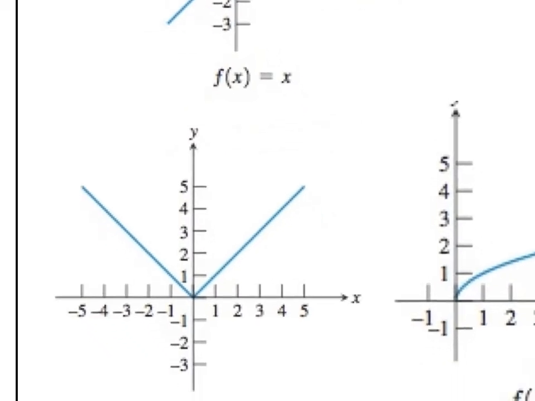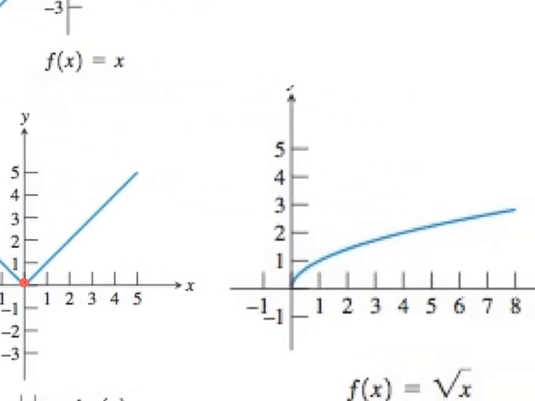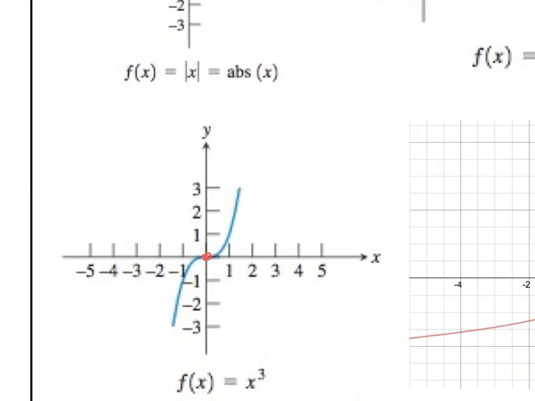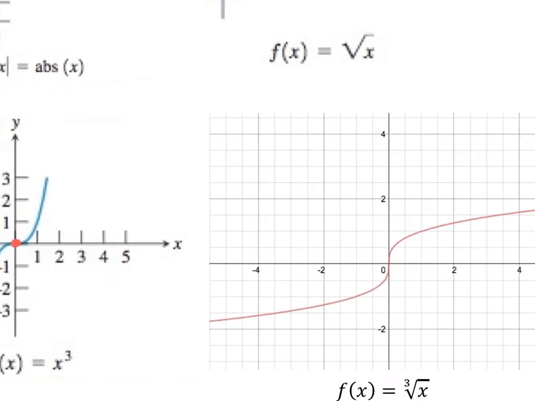If you have something that has a very distinct vertex, you move the vertex, obviously. If you have something that has an endpoint like this one, you move the endpoint. Something like this, you move the vertex part or the dip part. And same thing as this. This is the cube root x part. You move that center part. So just so that you're aware of how we're moving these.